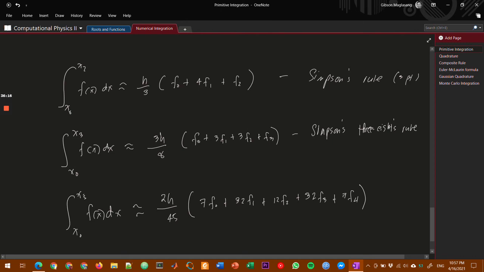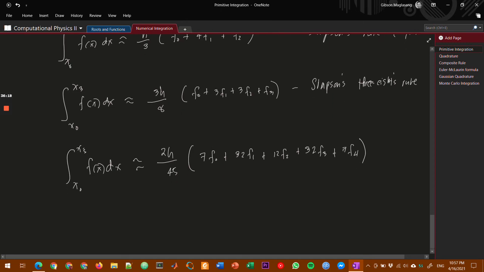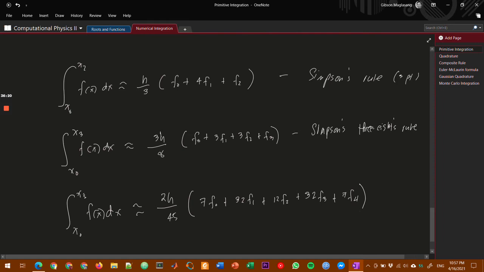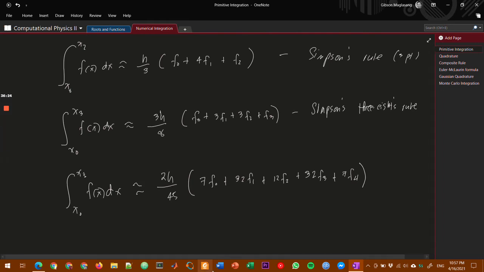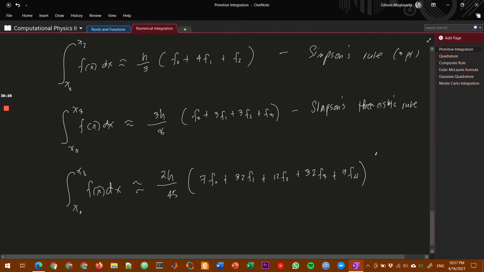Kanipod is for the cubic, and you have a quadratic, cubic, and then you have a quartic. So this is Boole's rule. I don't know sa pag-pronounce anak Boole's or Boole's. Boole's rule. Okay.